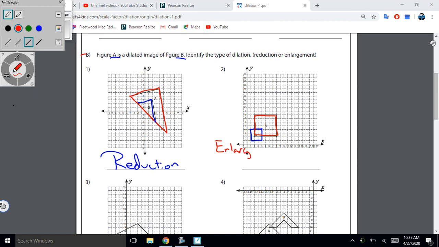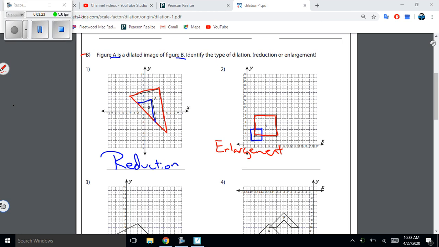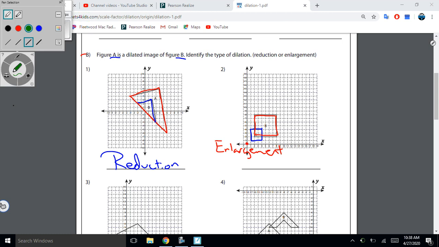All right. Now, they'll do this most often around the origin or through the origin. So the one thing I want you to be paying attention to here is in terms of the points. So if the point of dilation is the origin, what you can see here is you'd have to draw a ray, and it should be along that line.